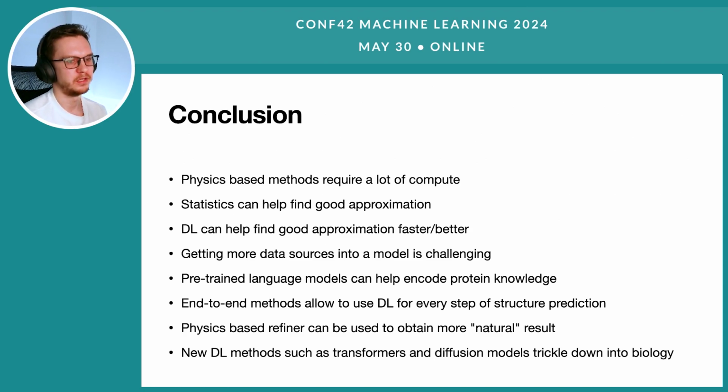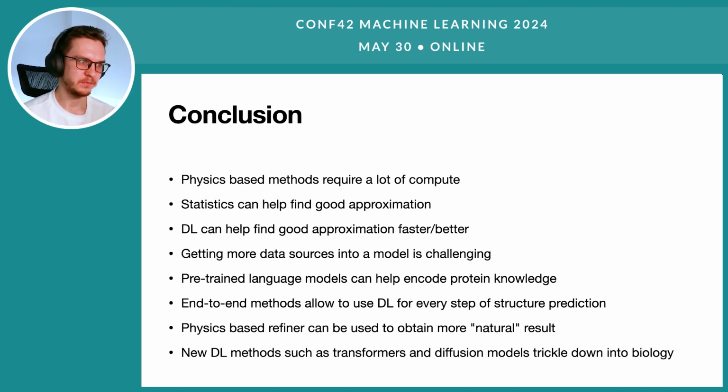There are heuristics to speed up physics-based methods, such as statistical potentials and other statistical tricks to speed up the protein folding. The next logical step is to replace statistics with deep learning and automate statistical feature recovery from data using deep learning.